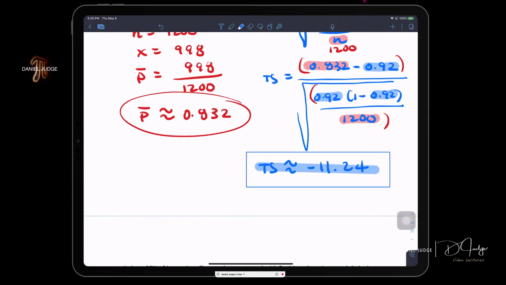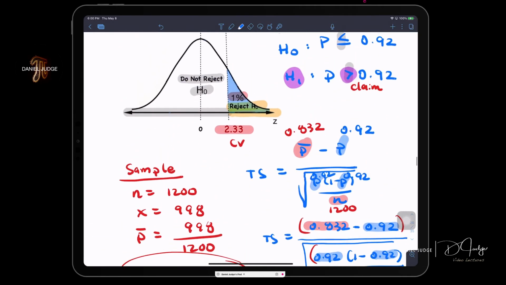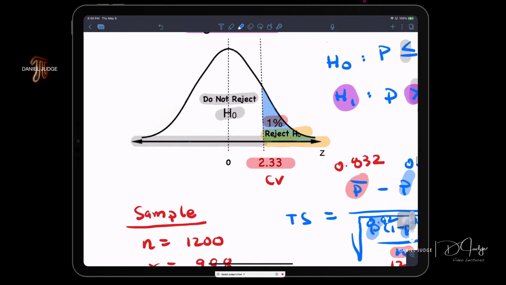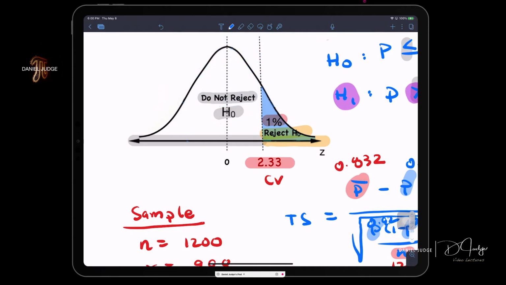Negative 11.24. So, negative 11.24. Where does this live on your decision rule? First of all, it's negative. So, it's to the left of 0. And in fact, it might be way, way over here on the left.